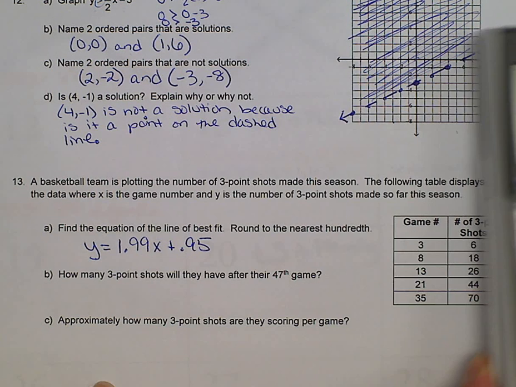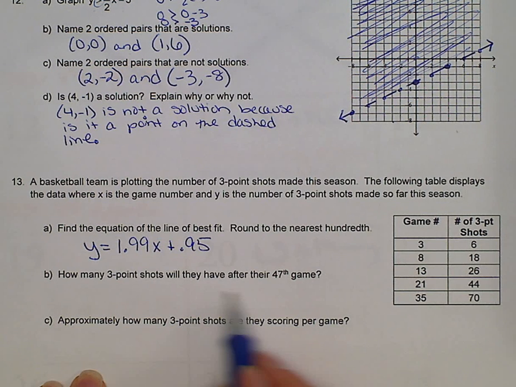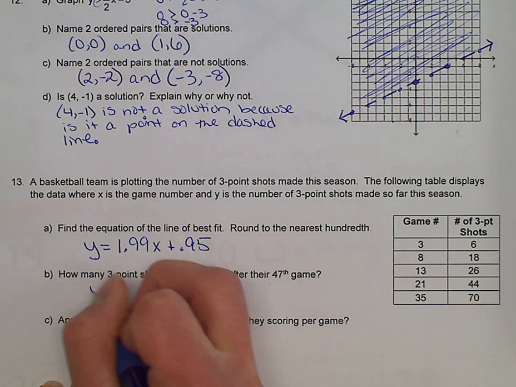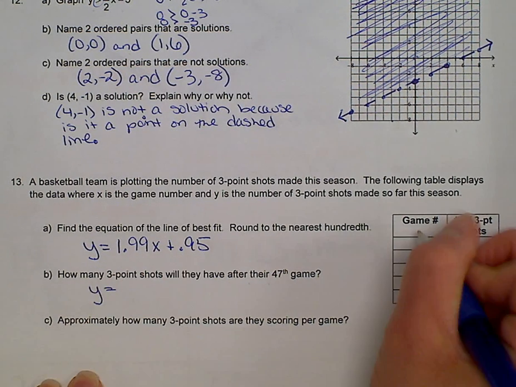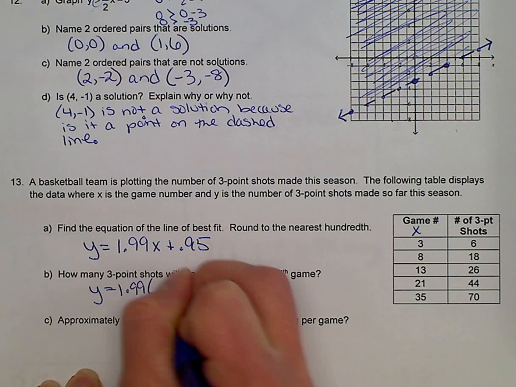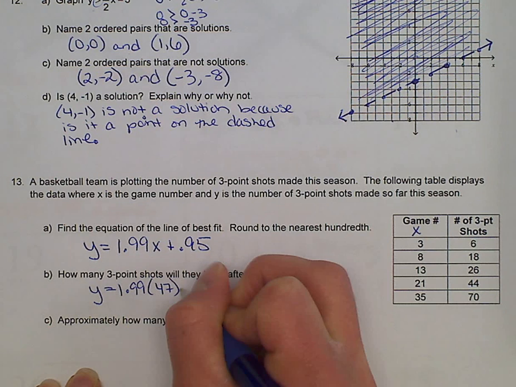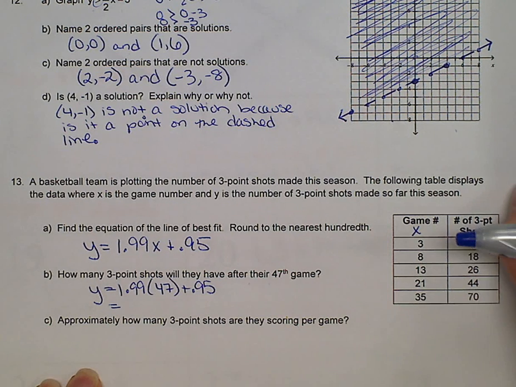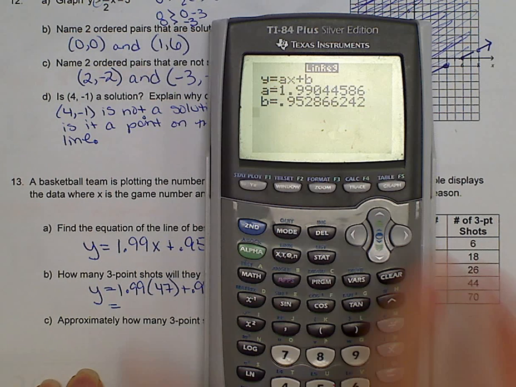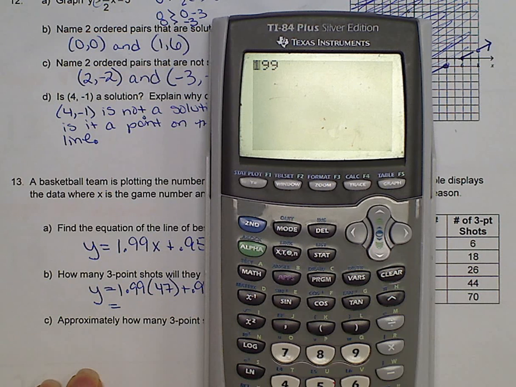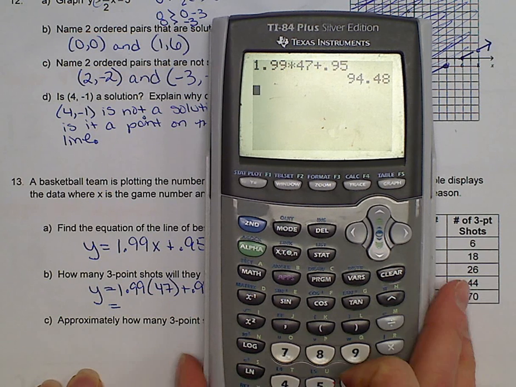Okay. All right, so then for part B. How many three-point shots will they have after their 47th game? So X represented the number of games. So I'm going to enter in 47 in for X into our equation that we got in part A. So we got 1.99 times 47 plus 0.95, and then we get 94.48.